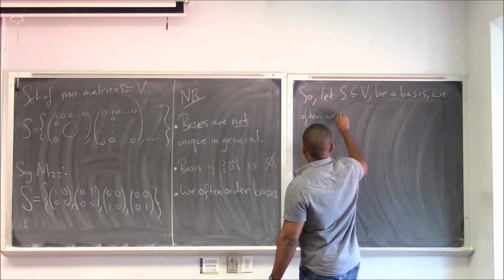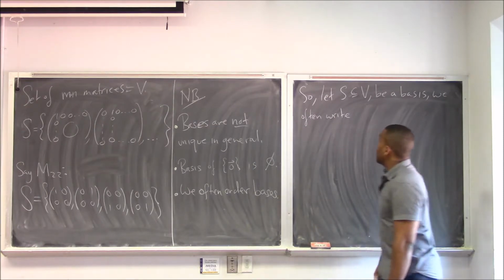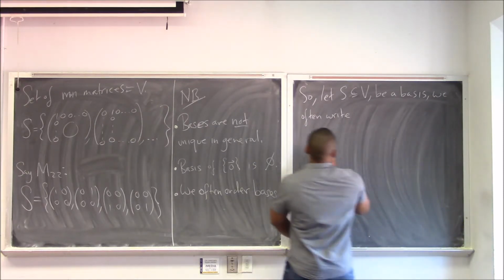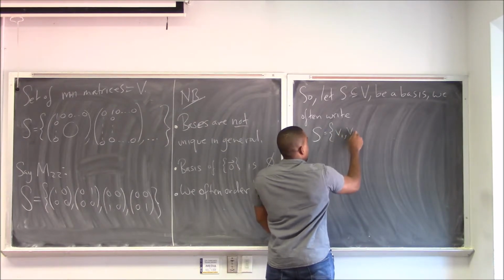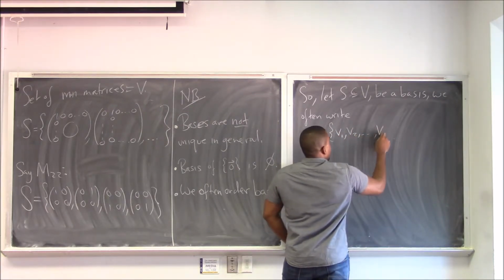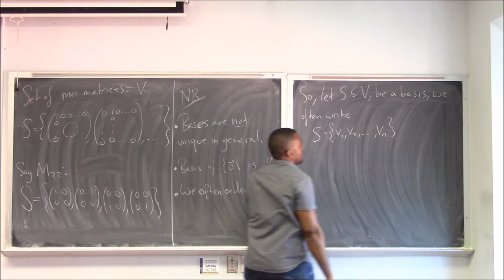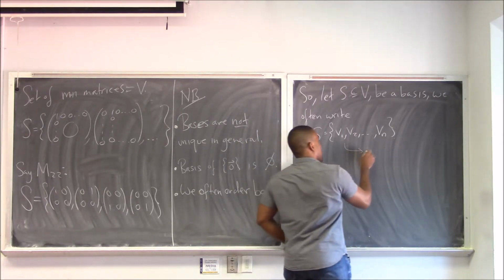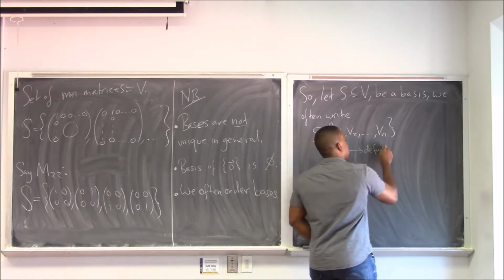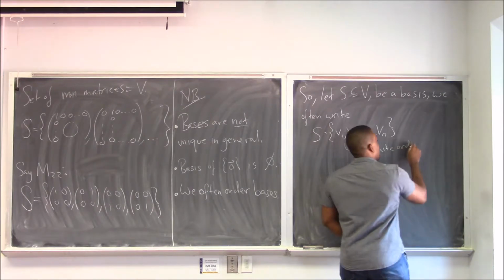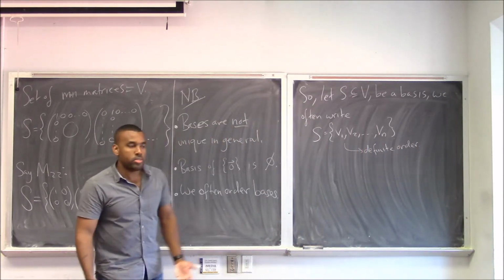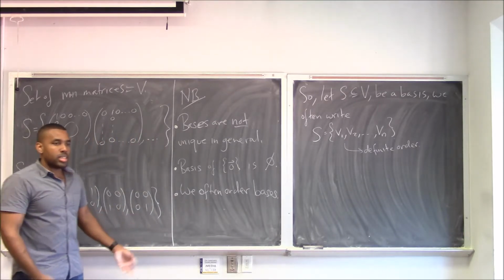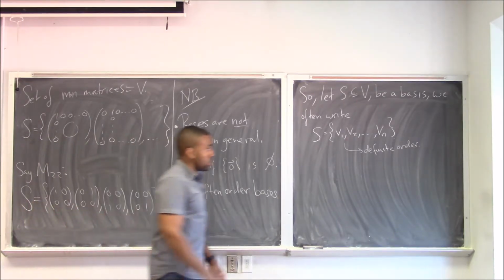We often write S equals V1, V2, up to Vn, where this follows some definite order. Probably better expressed as a tuple, because tuples define order. But it's a set, and we impose our own order on it.